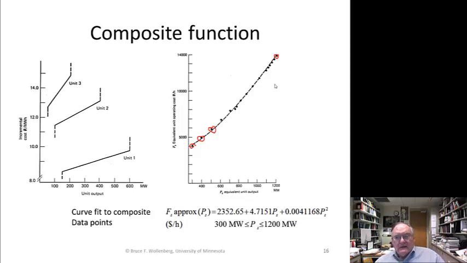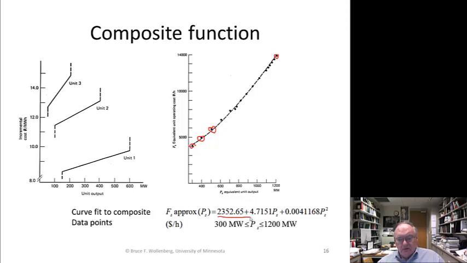Well, there's a well-known branch of statistics and mathematics that says it's possible to take some points like this and, using what are called curve fitting techniques, come up with a function. In this case, we'd like to have a quadratic function that represents these points.